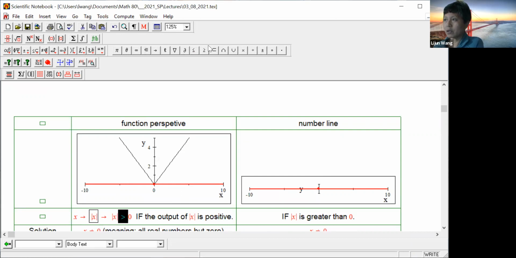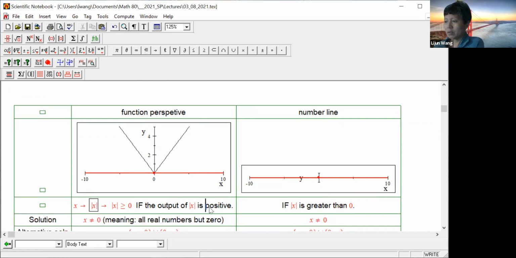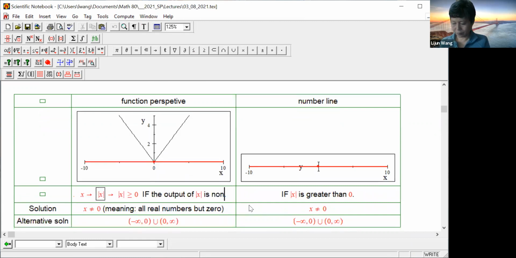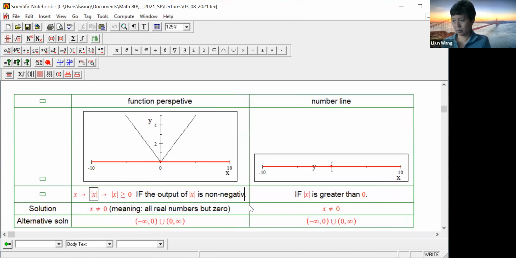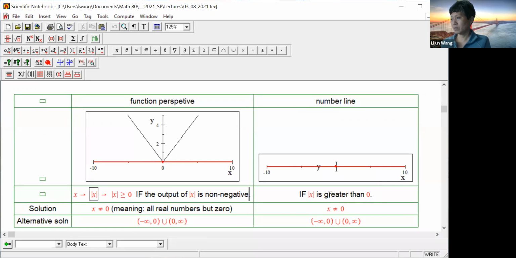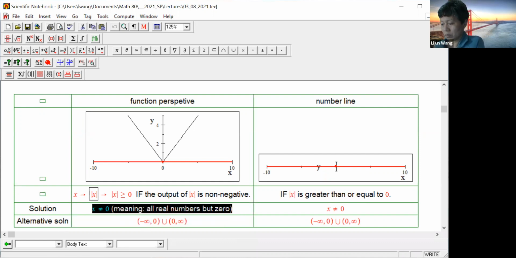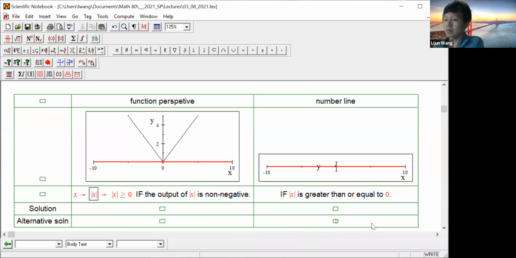From greater than 0 to greater than or equal to 0. It's non-negative. Greater than or equal to 0. This time, what will be the solution? Should 0 be excluded this time?